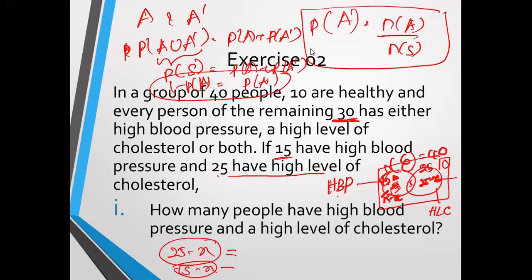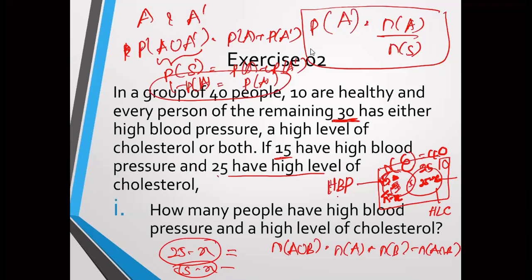They do not have any other disease. Therefore, if we want to find the value of X, we can write a small formula: n(A union B) is equal to n(A) plus n(B) minus n(A intersection B). n(A union B) is what?